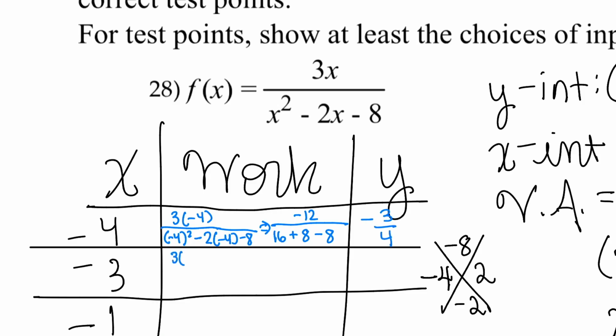Now let's plug in -3. We're going to get -9 over 9 plus 6 minus 8. That's going to be -9 over 7.